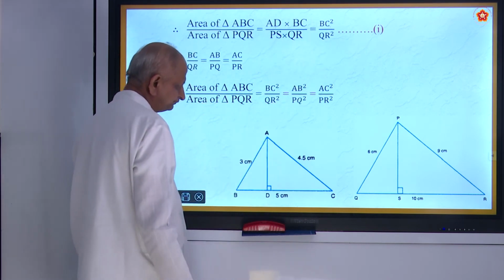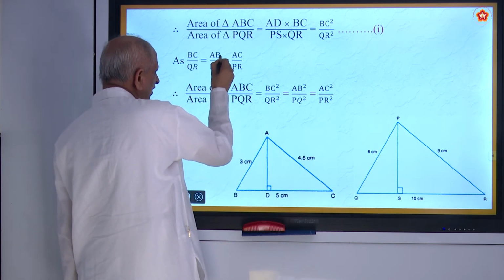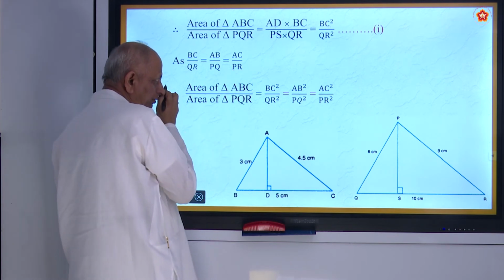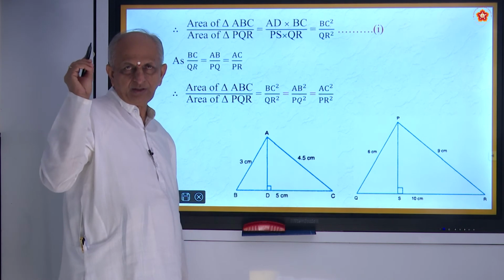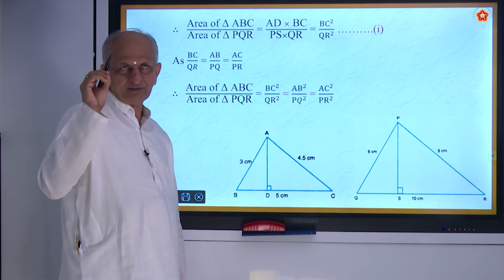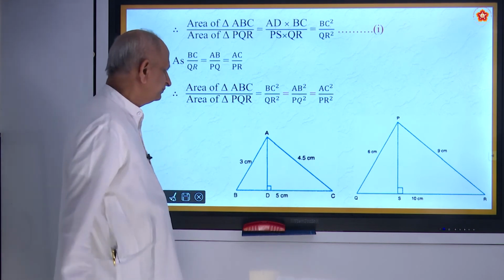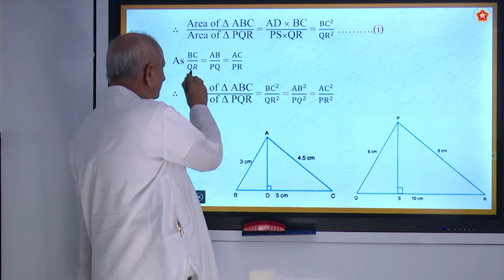QR square. So as BC by QR is equal to AB by PQ is equal to AC by PR. Why is it so? Because they are the corresponding sides of the similar triangles. The two triangles are similar. They are the corresponding sides.